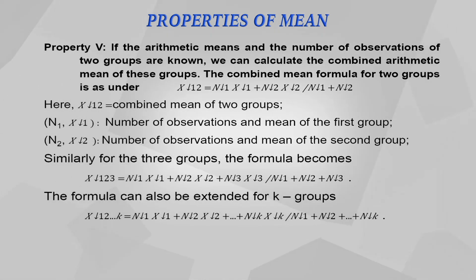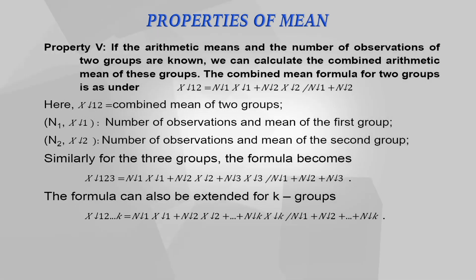So the combined mean formula for 2 groups: if we take initially only 2 groups, then the combined mean will be equal to the sum of the product of the number of observations and the average value of these groups, divided by the total number of observations, that is n1 and n2.